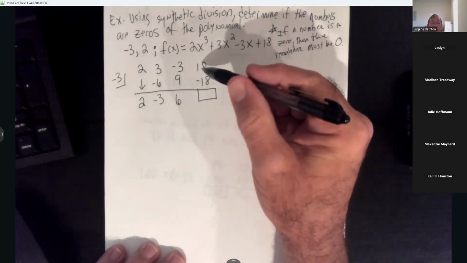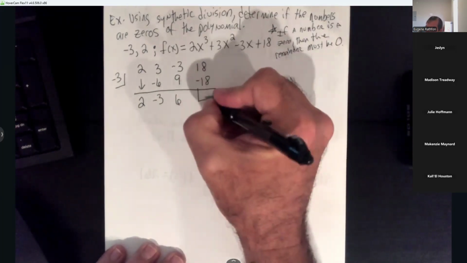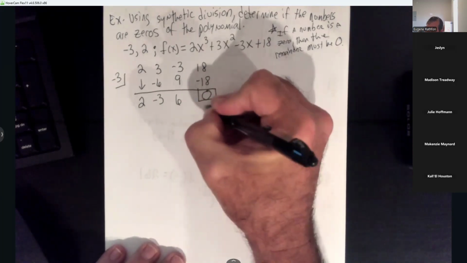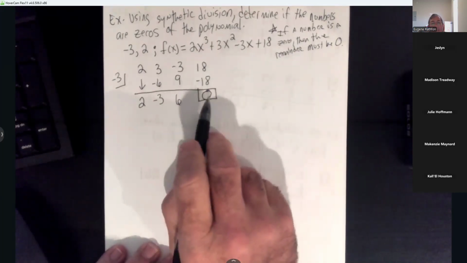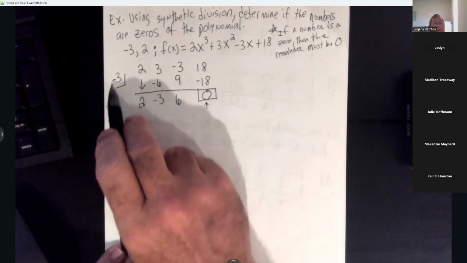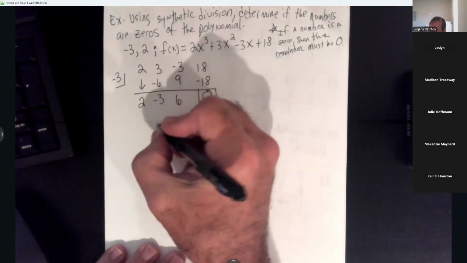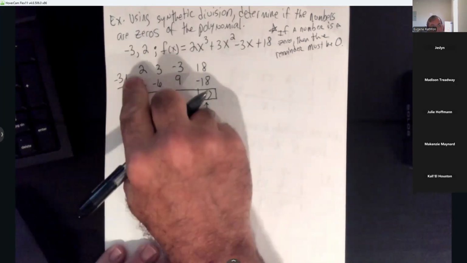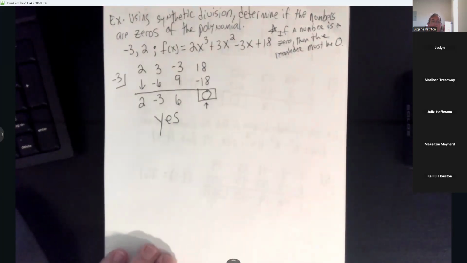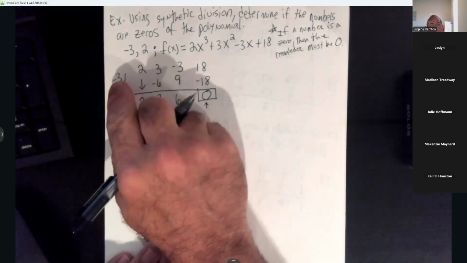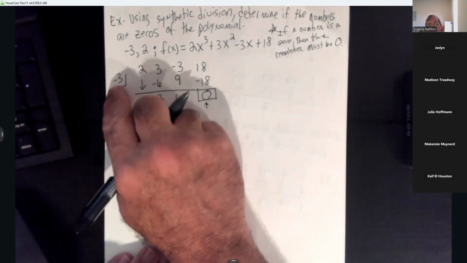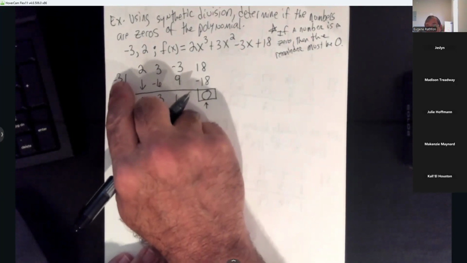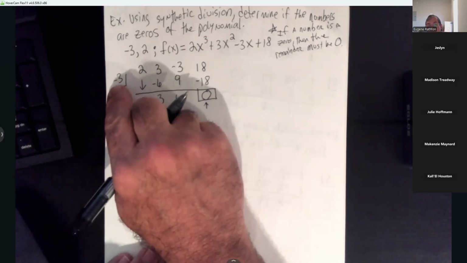And look at that. 18 and -18 give me a 0. Since this remainder is 0, that means -3 is yes, a 0 of that polynomial. That means I know this graph crosses over the x-axis at that -3, right?